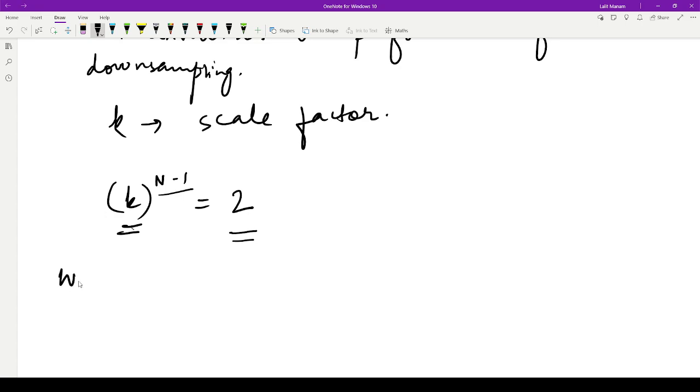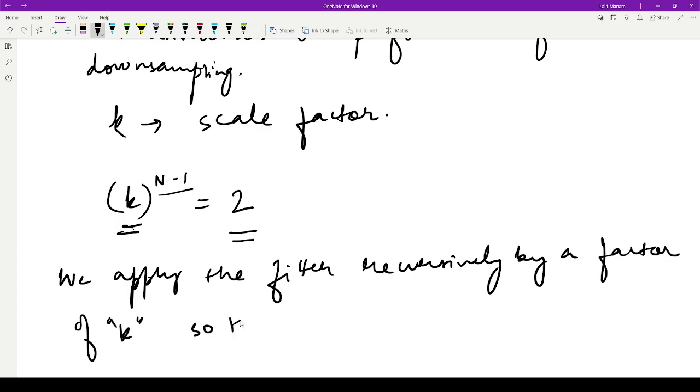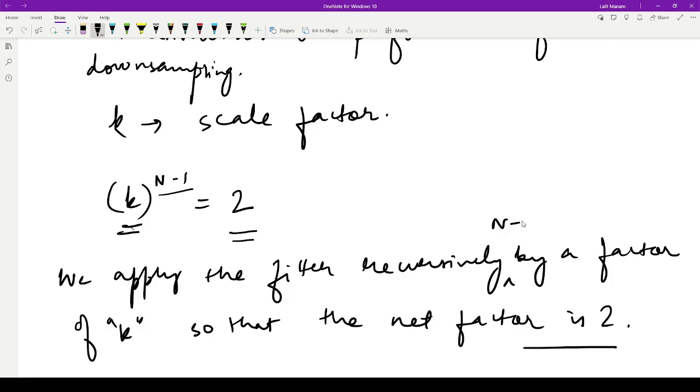So we apply the filter recursively by a factor of k, so that the net factor is 2, recursively n minus 1 times.